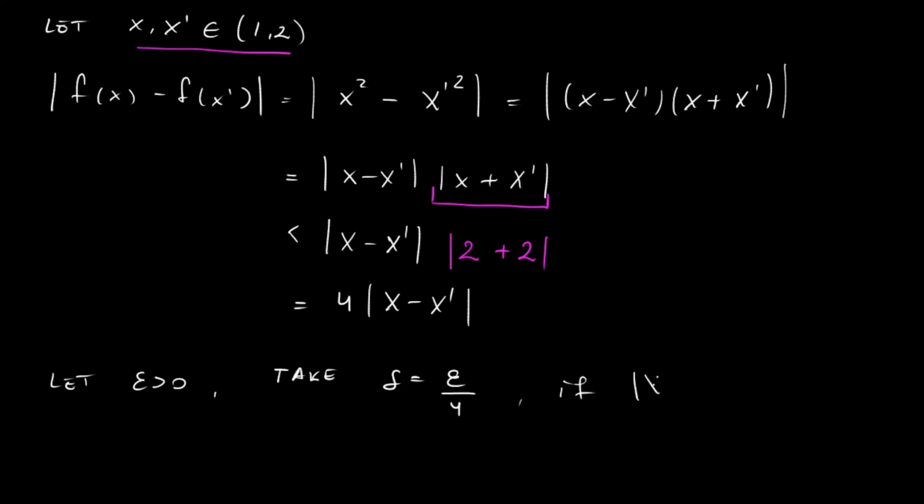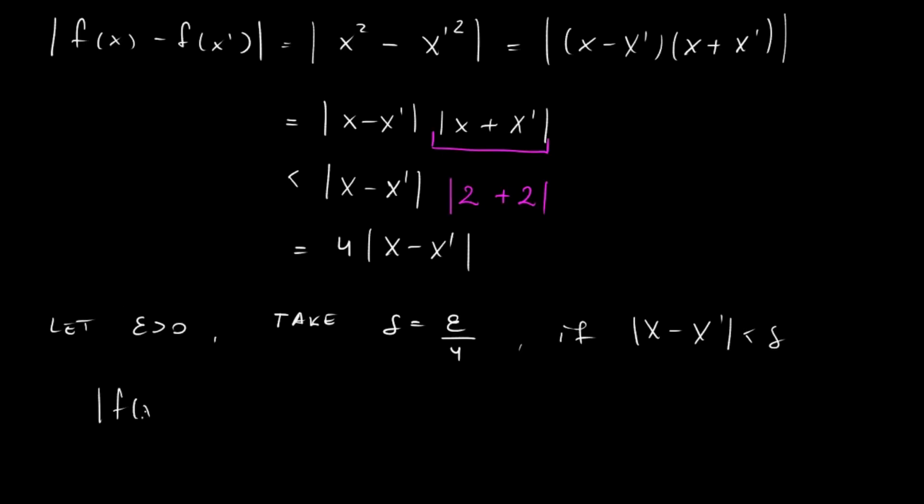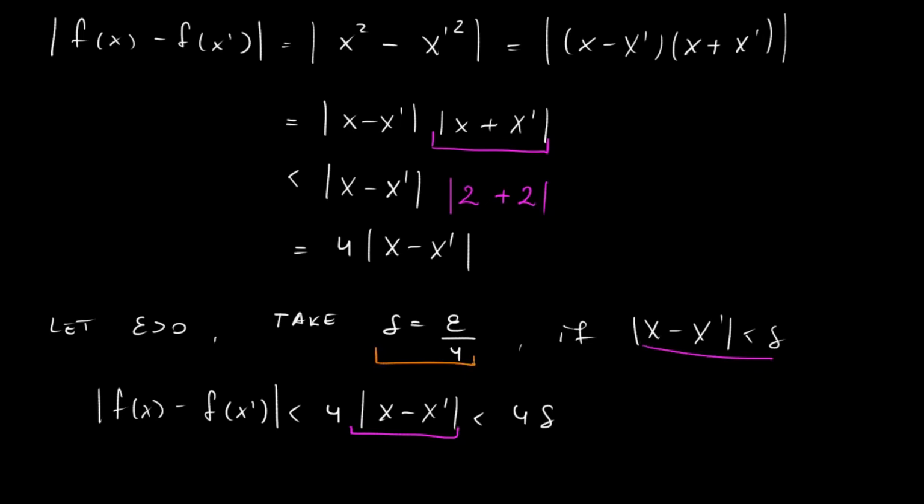So then, if the absolute value of x minus x prime is smaller than delta, then the absolute value of f of x minus f of x prime, which we said was smaller than 4 times the absolute value of x minus x prime, is smaller than 4 times delta, and we took delta to be epsilon divided by 4. So this is equal to 4 times epsilon over 4, which is equal to epsilon.